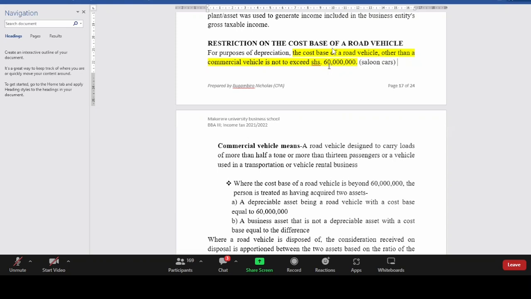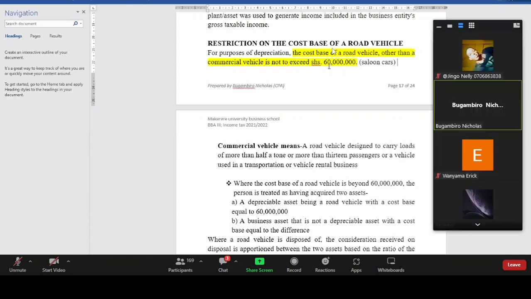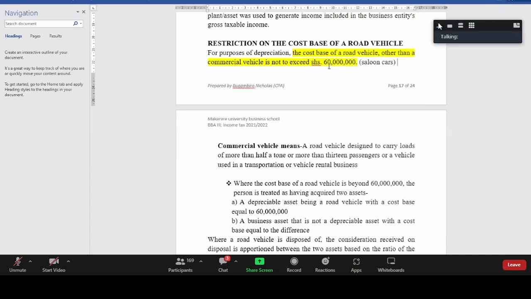Any excess of 60 million is deemed to be another purchase, not depreciable and not given wear and tear. Rather, it is now treated as a business asset, which is not depreciable.